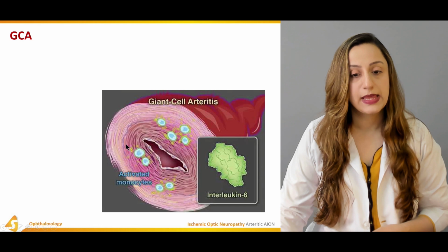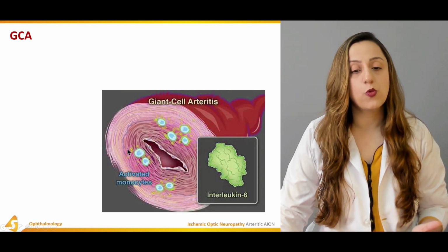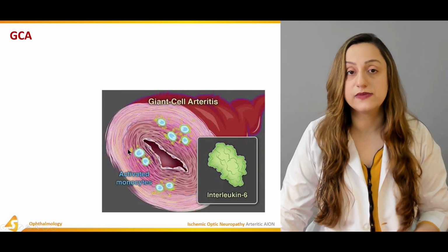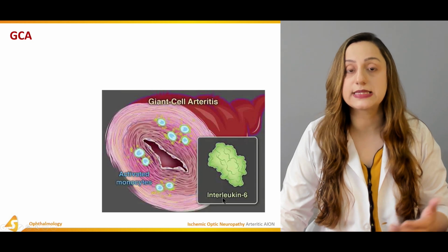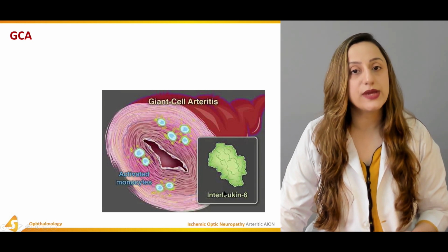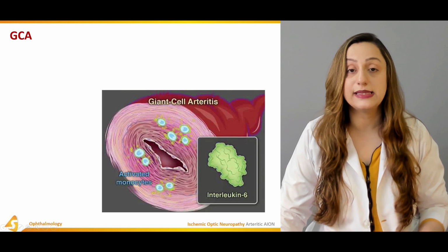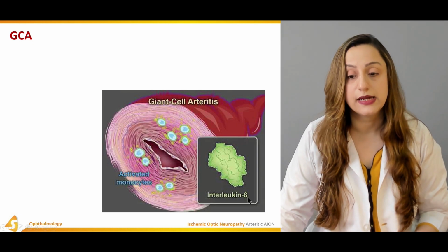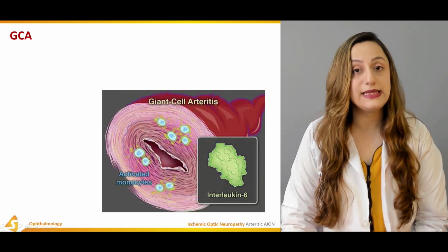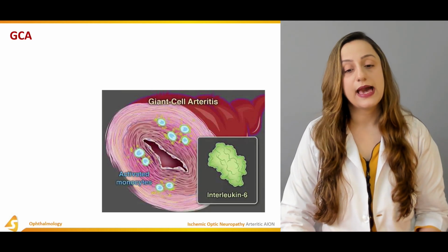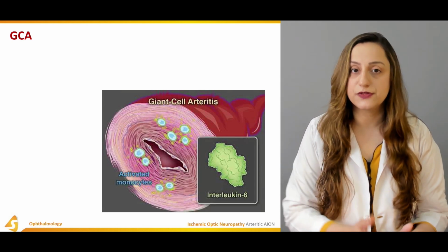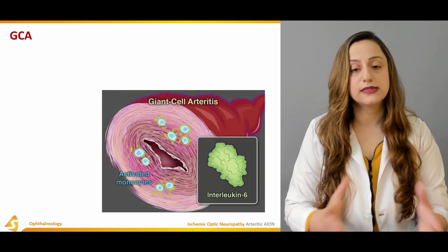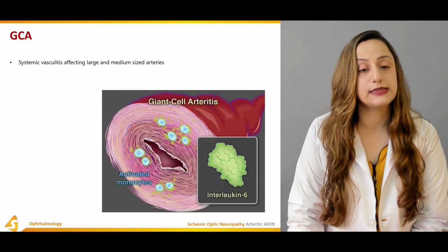Now, why is this happening? What is happening at the biochemical level? It is basically interleukin 6 that is quite raised in these individuals. It's one of the inflammatory factors seen in these individuals, and it is responsible for the activation of the monocytes and the thickening of the arterial walls.